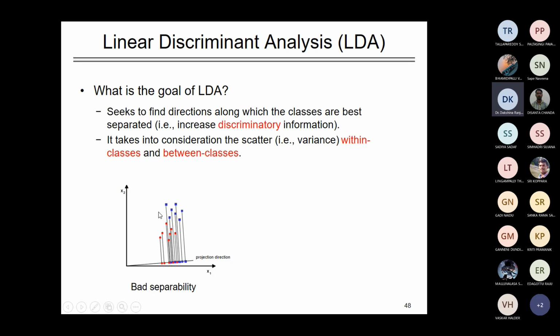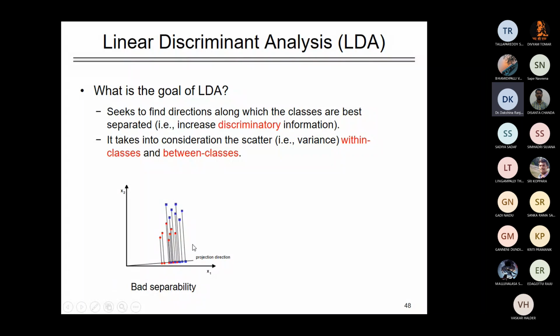Then we compute the ratio: we take the square of the deviation between the means in the numerator, and in the denominator the summation of the squares of the scatters. With this ratio we get the separability to some extent, but this is found to be bad separability.